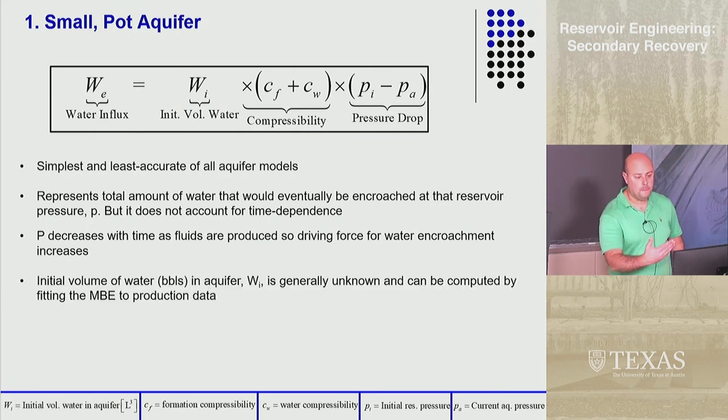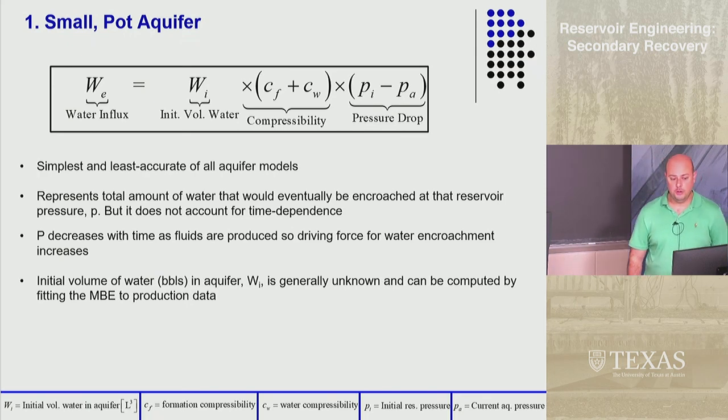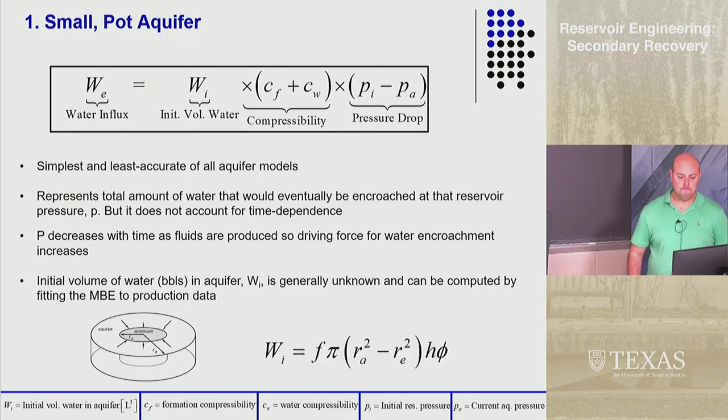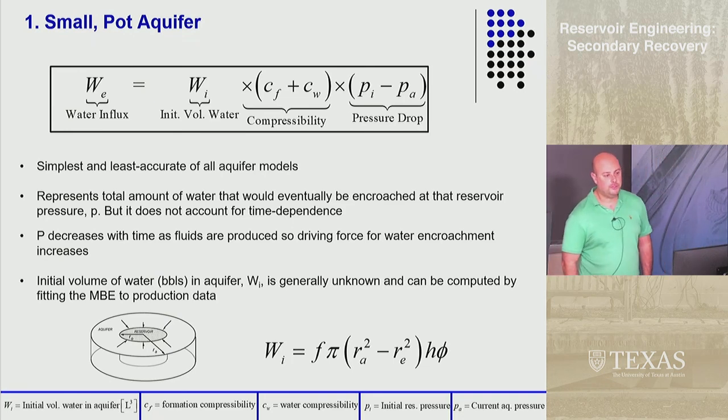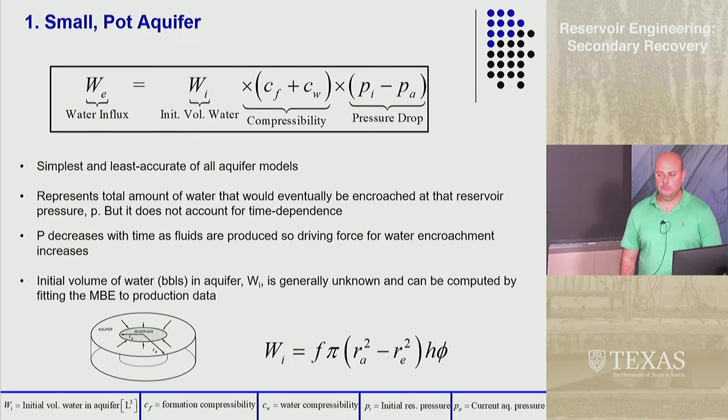Some of the things that are initially known are WI, right? We just learned how to calculate that on a previous slide. And WI is given here, right? So it's the same thing we had over there. So your compressibilities you could measure. What you would probably do is, the compressibility of water is pretty well known, and the compressibility of rock is too. They're usually on the order of 1 × 10⁻⁶.